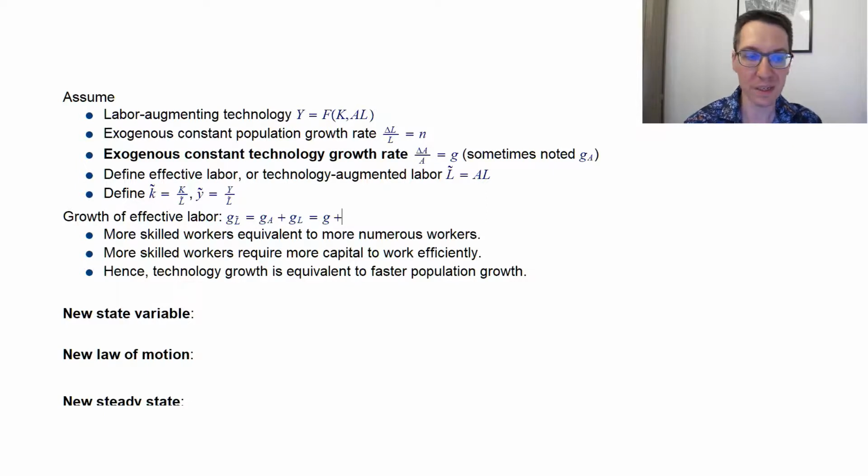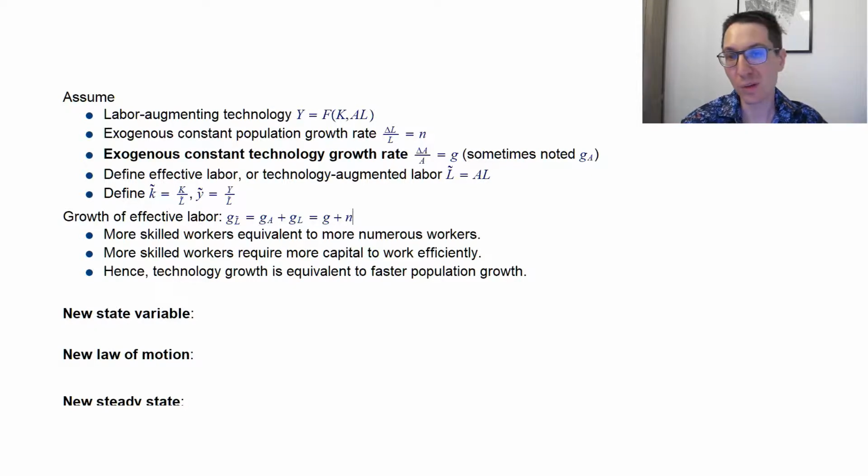So what does that mean? It means that in a sense, there is some degree of substitutability between technology and workers. Imagine that an efficient worker has productivity A equals 2, and an unskilled worker has productivity A equals 1, then you can see that there's really no difference between having one skilled worker or two unskilled workers.